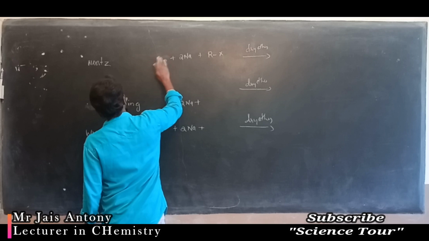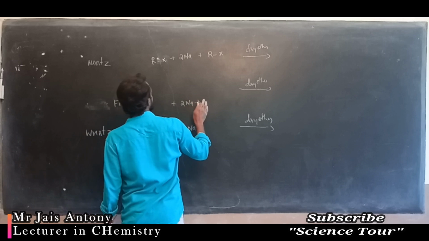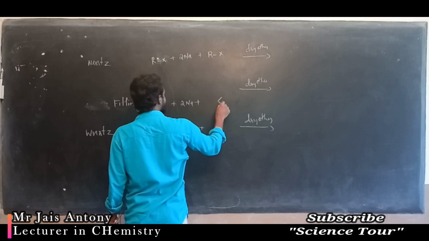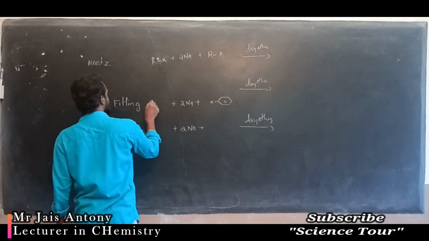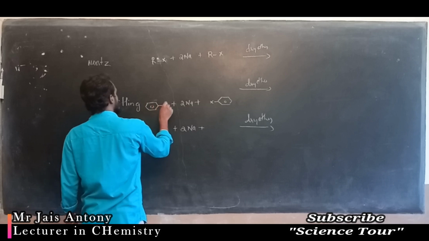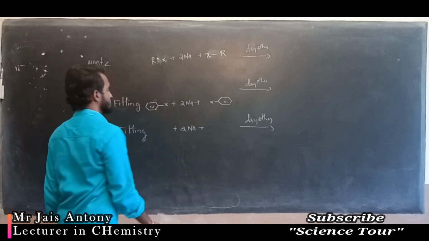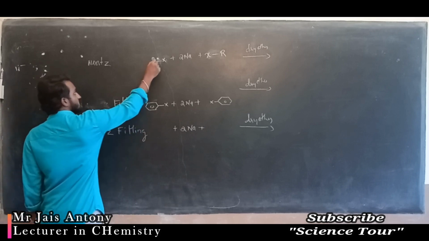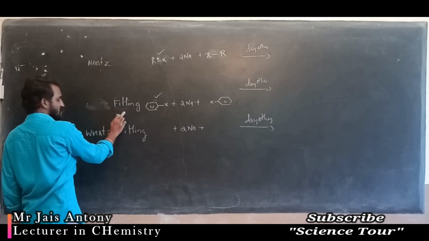Alkyl halide, like this. Here, sodium reacts with two molecules of aryl halide, where the benzene ring is attached to a halogen. Wurtz-Fittig means both this one and this one are used.